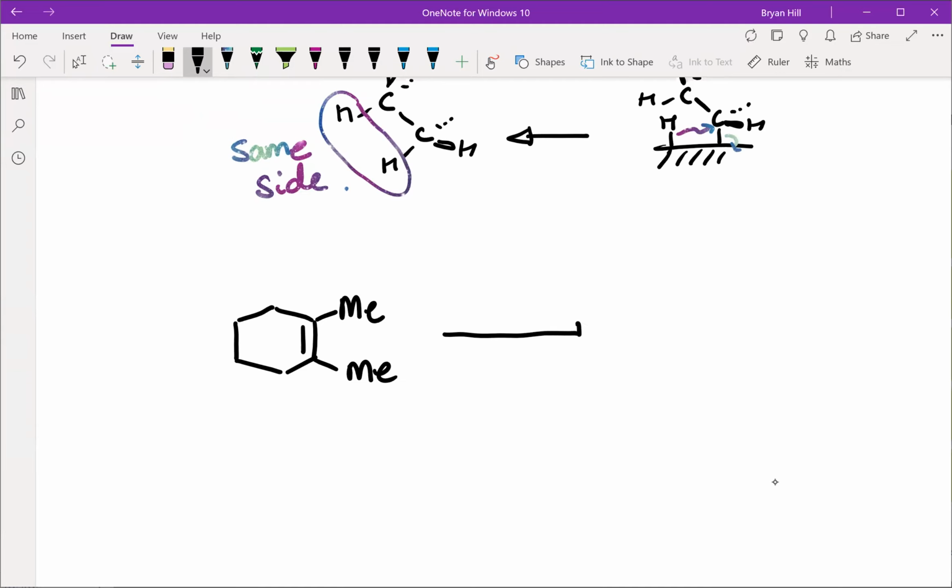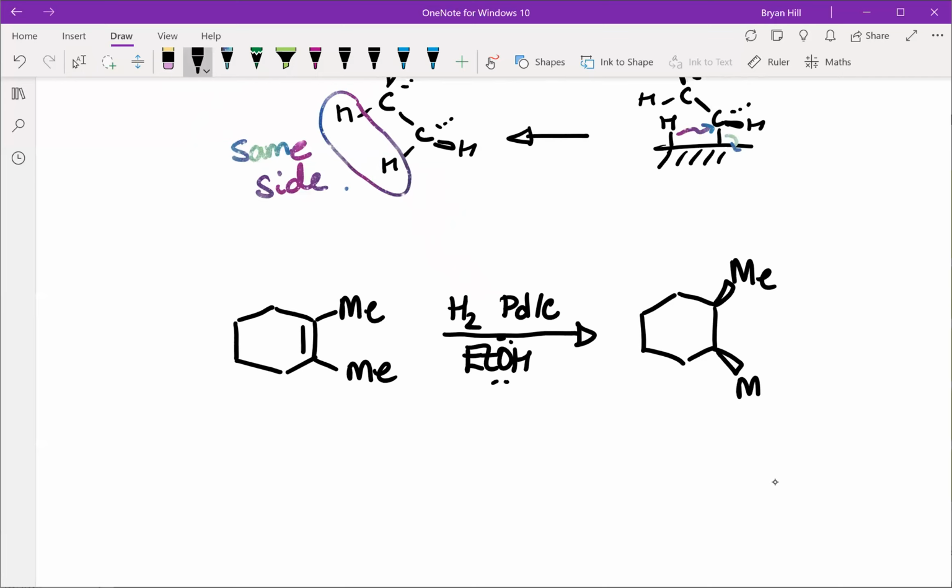And if you were to do a reaction with, say, H2, palladium on carbon, and some solvent like ethanol, then your product should be this, and these guys are on the same side.